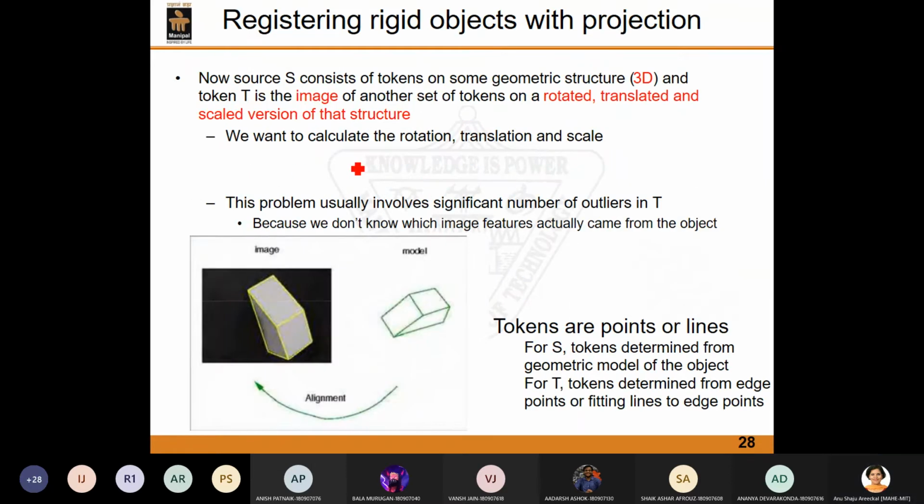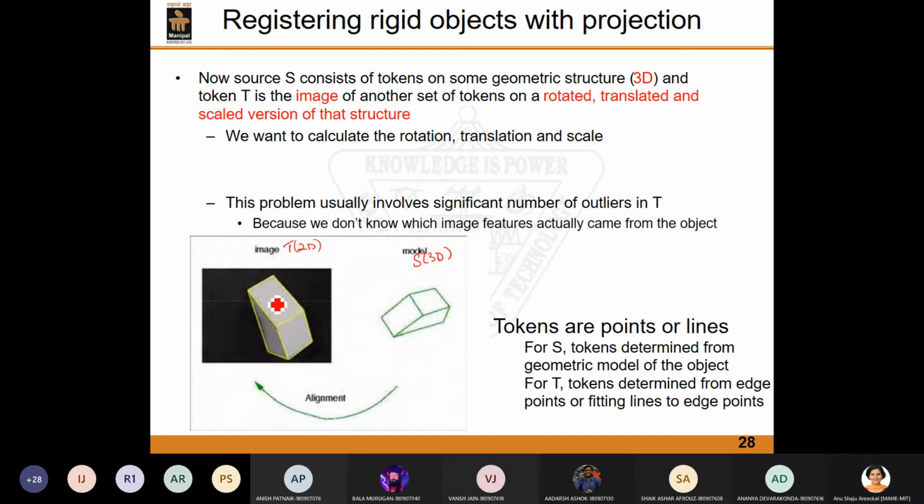As I said earlier, here you have the 3D structure, which is basically the source, and here I have the target, which is the 2D image. These yellow lines that you have here are actually the result, which has been overlaid on the image.